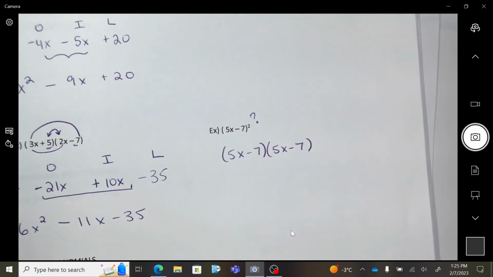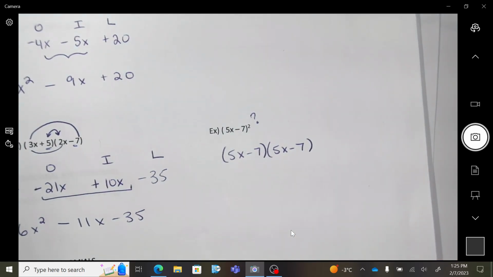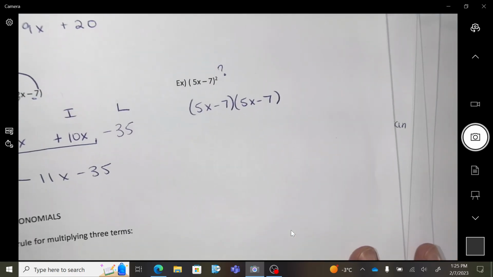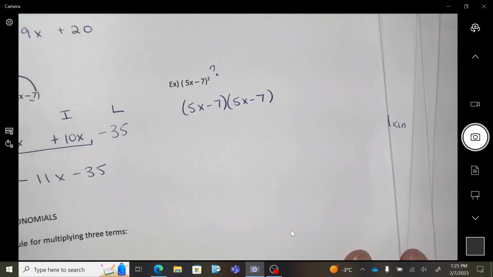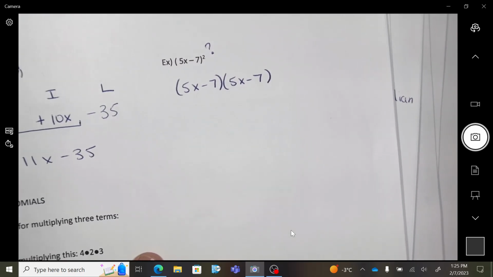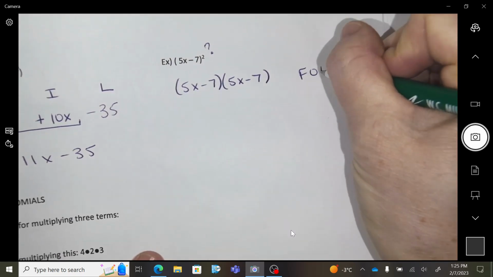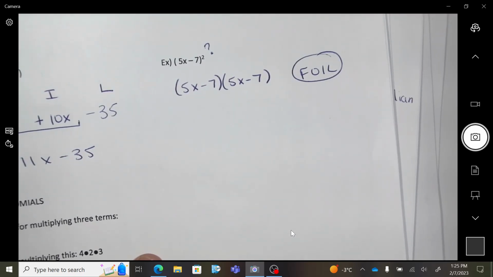Does this make sense to you then if I write it out the long way? Multiply it by itself. Does that make sense as a square? Okay, and now because it's a binomial, you are going to FOIL it. Okay, and then I'll let you see what you can get on your own. FOIL that out now.